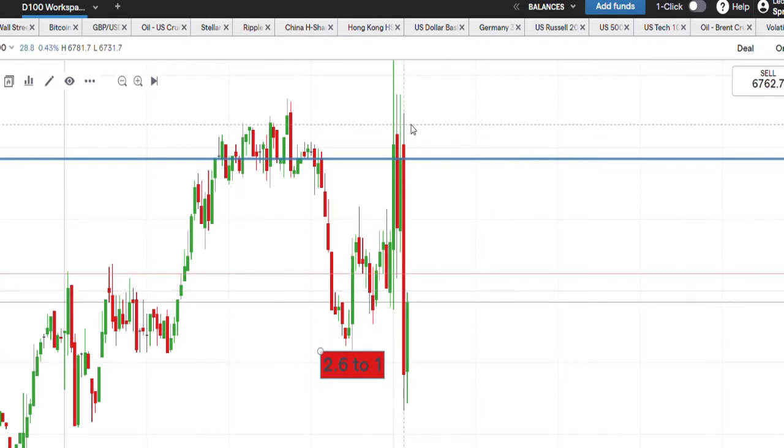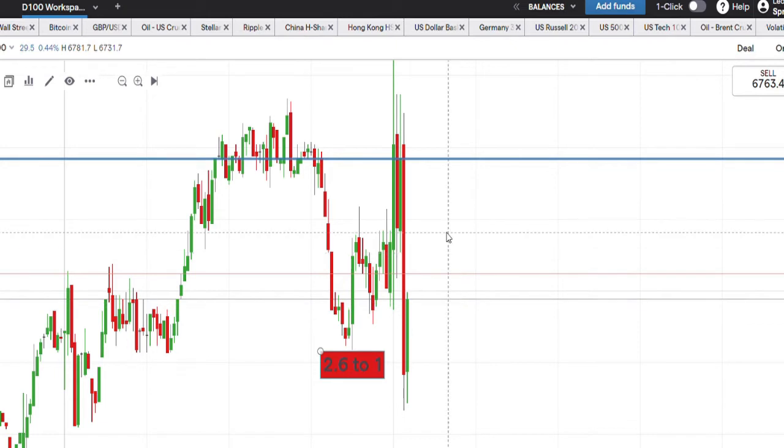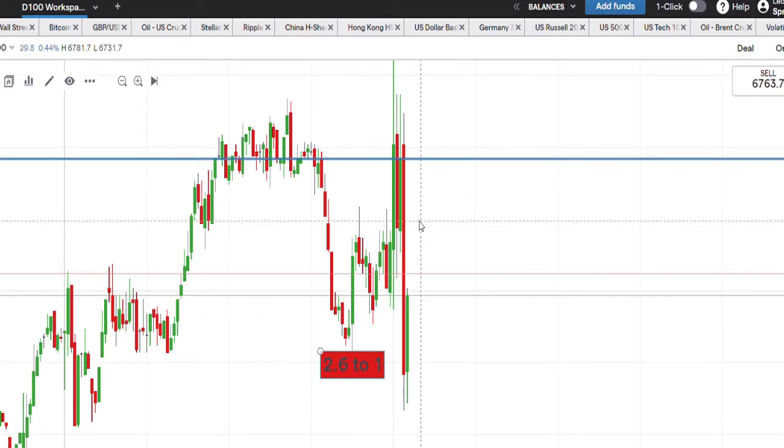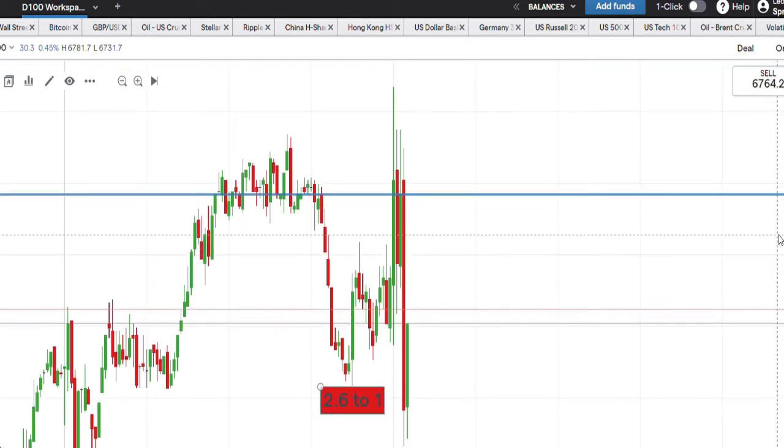So you can win 10, and you'll be 20,000 up, and you can lose 10 on the trot and only be losing 10,000. So you can be a 50-50 win to lose ratio and still make money, still double your money.